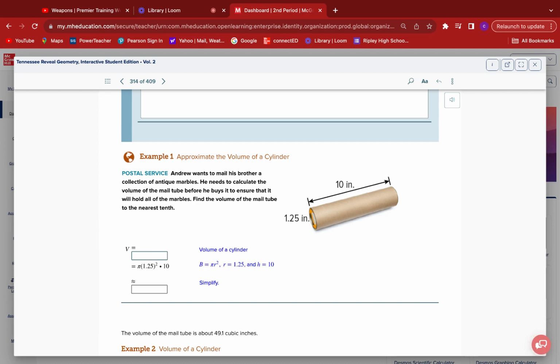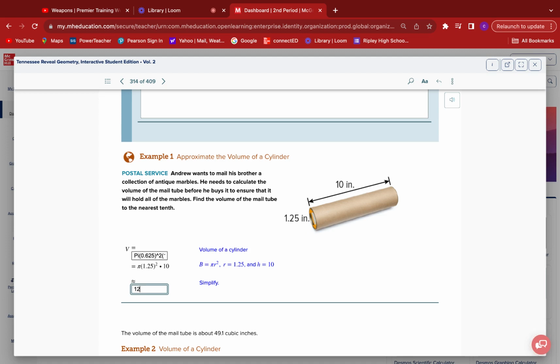That's the number you're going to square and multiply times pi, and then times 10 for the height of the tube, the height of the cylinder. Okay, so yeah, watch out for that. So it should be pi, and then times 0.625 to the power of 2, and then times the 10. So I just want to make sure you guys get that.